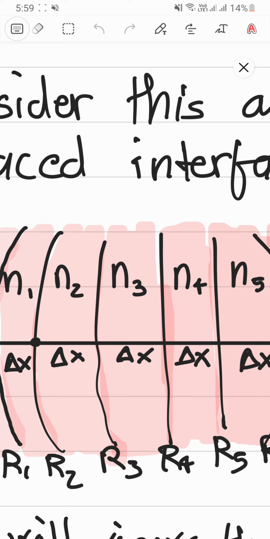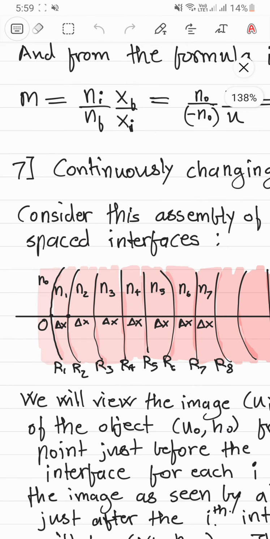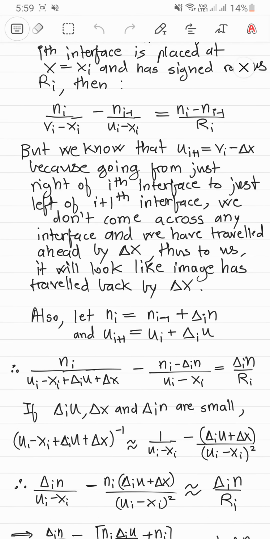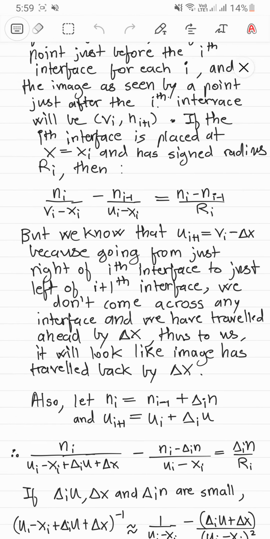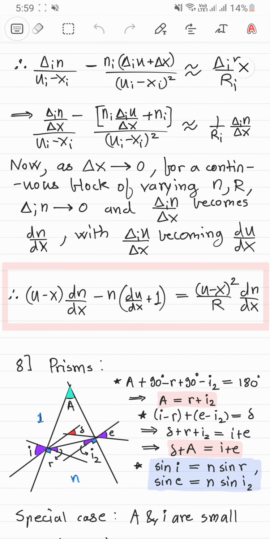So you have some image coordinates when you are the viewer exactly to the left of this interface, and then you go to the next interface and sit right to the left of it, and you take the coordinates and take their difference, and you use that to write out the differential equation. Just a quick scroll down and you see what happens. You finally do get a differential equation.